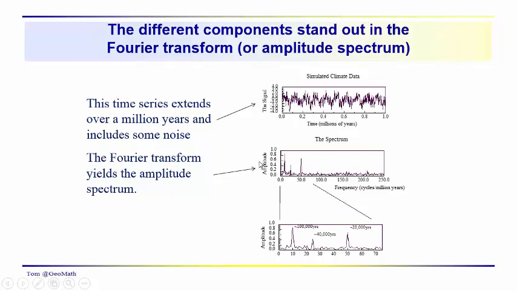So if we take the Fourier transform of this noisy Milankovitch time series, well, the noise falls into the background, and then we can see three peaks. We can see that they're scaled. We've got two large peaks here. We've got one small peak.